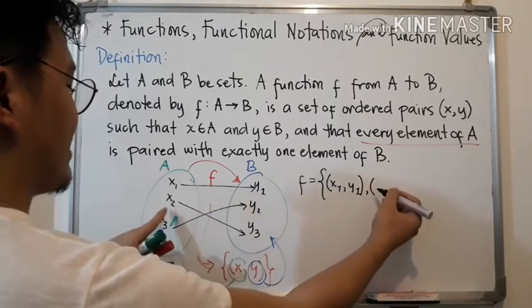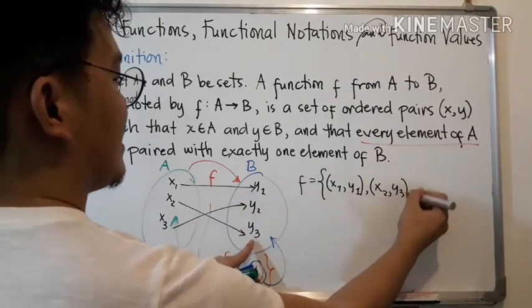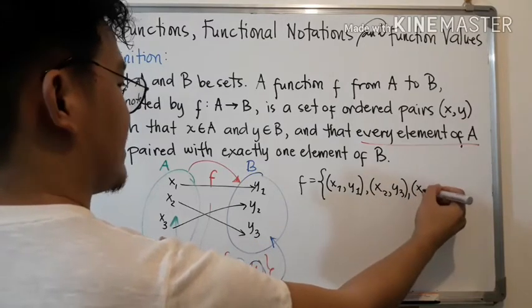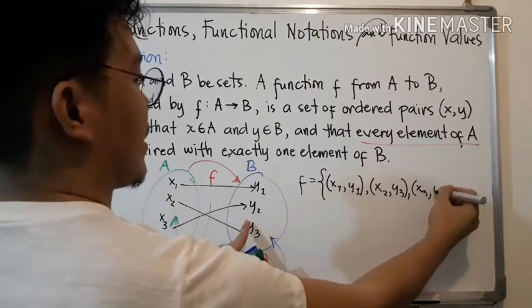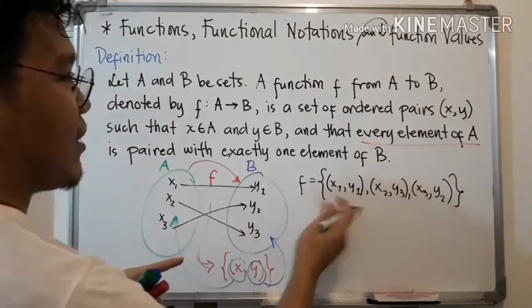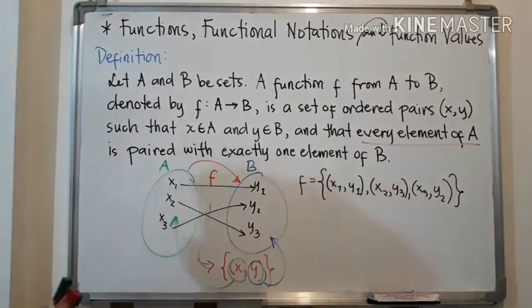We have another ordered pair x sub 2 paired with y sub 3, and we have the last element x sub 3 paired with y sub 2. This is the set of ordered pairs of the function f.